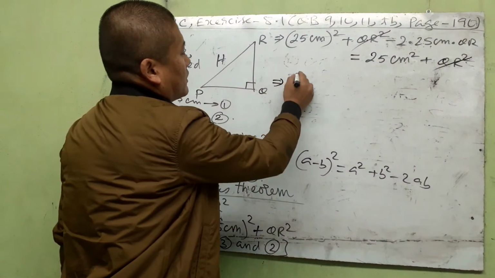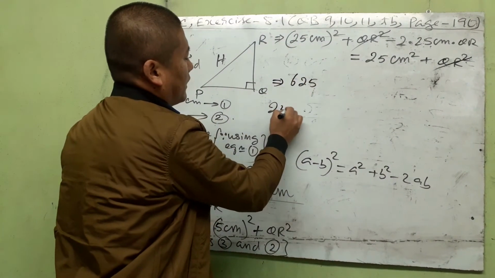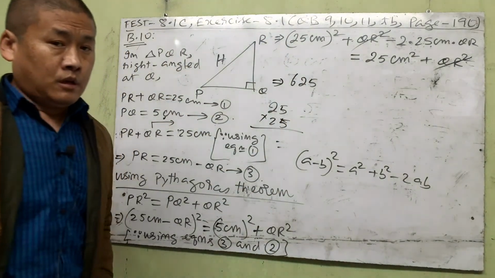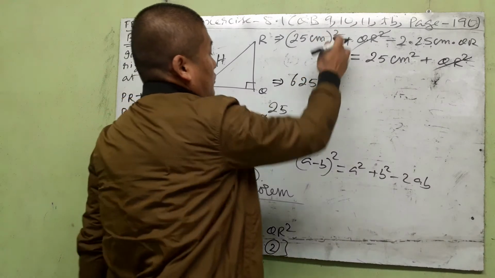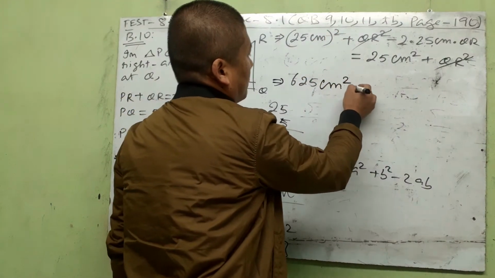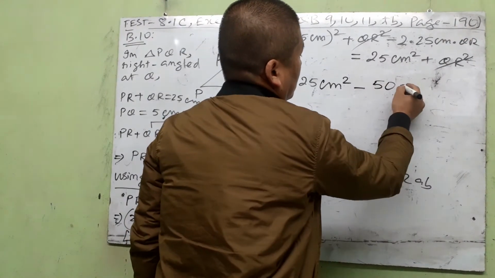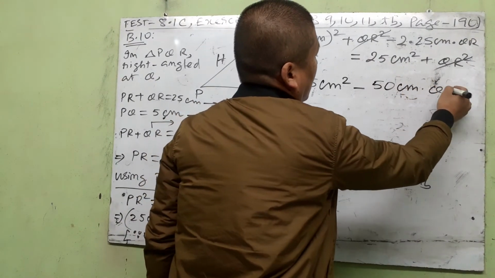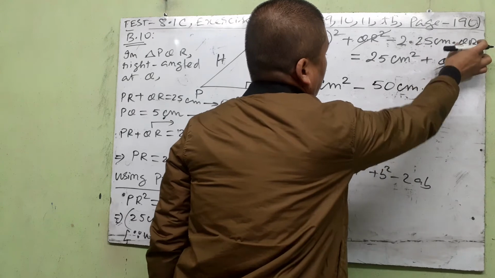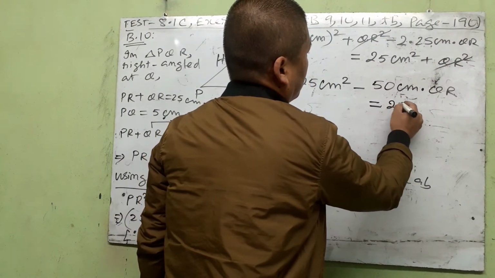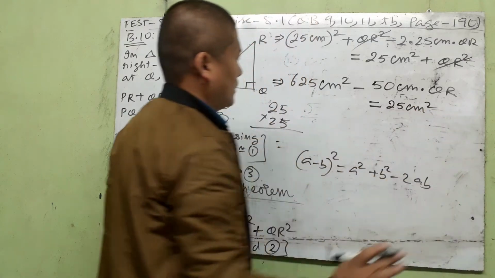Now 25 square is 625. 25 multiplied by 25, 2 times, you can try, you will find out. 625, then centimeters also should square. Minus 2 into 25 is 50, then centimeter into QR. 50 and QR into equal to here 25 centimeter square.